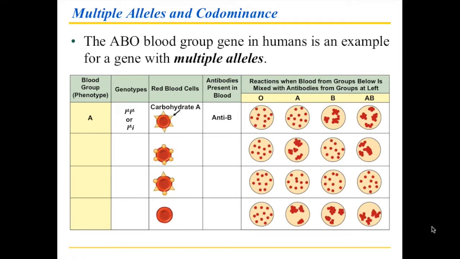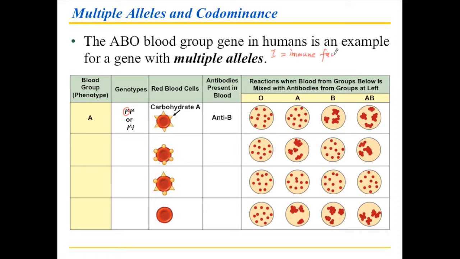And how does this work? Let's start with blood group A. If you have blood type A, what you have is you have one allele. In this case, this is the big I with the big A attached. The I stands for immune factor.